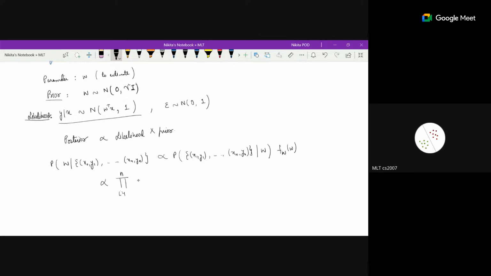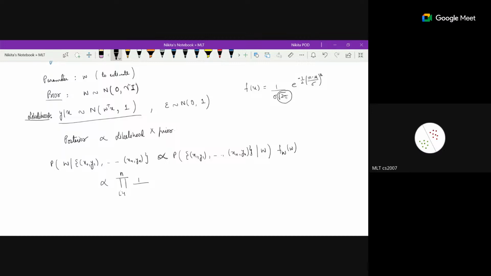This is a normal distribution. So 1 upon sigma under root 2 pi, where sigma we are taking to be 1. If you have a normal distribution, the distribution looks like 1 upon sigma under root 2 pi e to the power minus 1 upon 2 times (x minus mu upon sigma) whole square. Again, this under root 2 pi is a constant, and since we are writing just the proportionality here, we can ignore the constant.